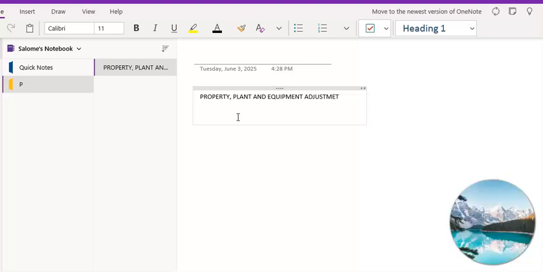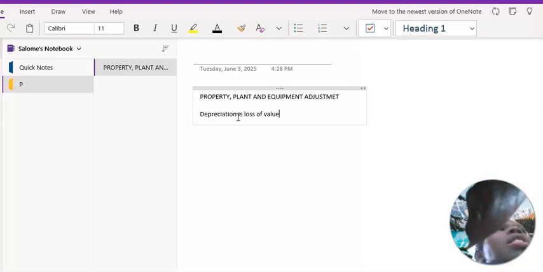So the very important word that you should know is depreciation, and depreciation is loss of value due to so many factors that you're going to see. So after 1 year elapsed, you'll see that these PPEs depreciate, they lose value.